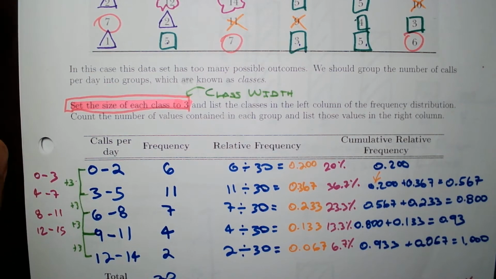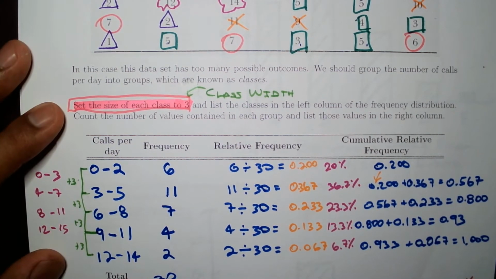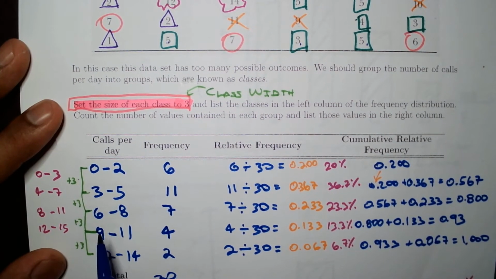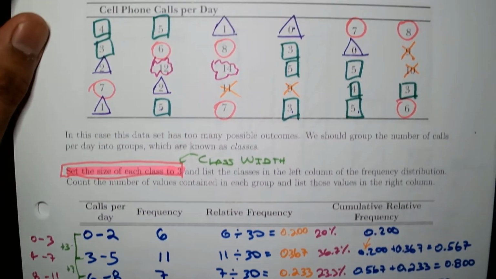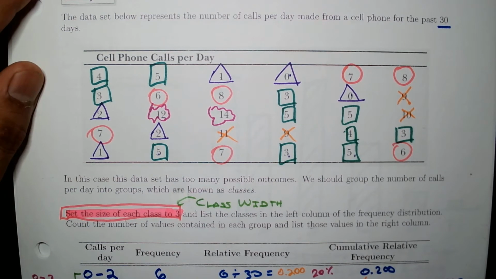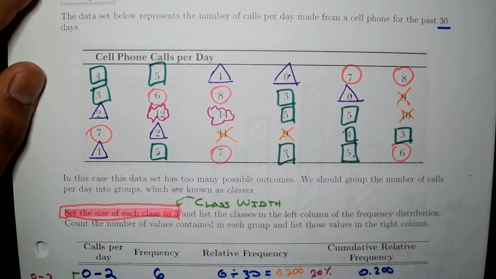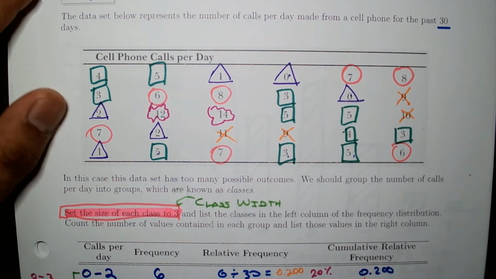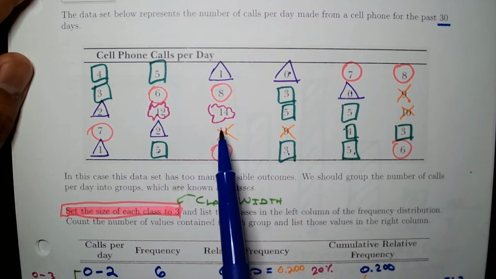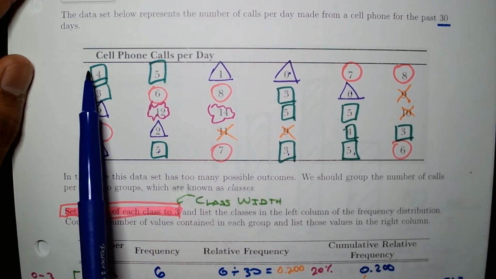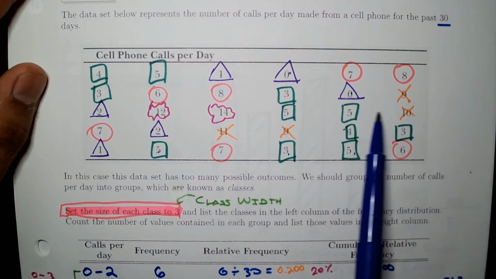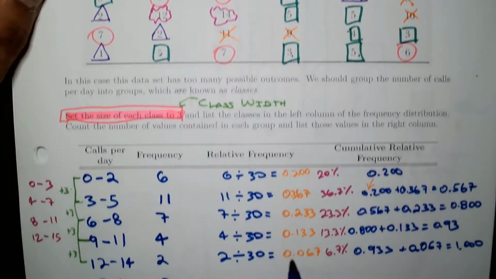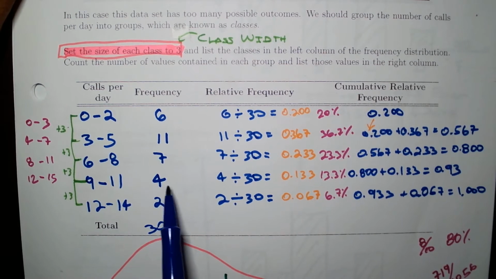All right. And then let's look at all the observations that are between 9 and 11. We have 4 total. In this case, I tallied this using orange X's. Nothing here. There's 1, 2, 3, and 4 that are listed here.